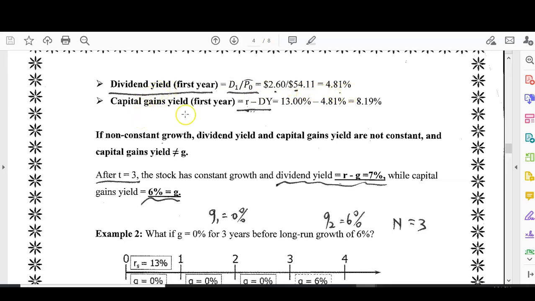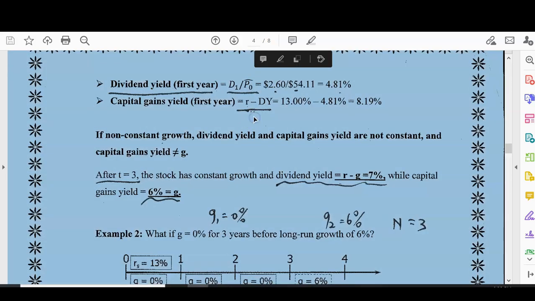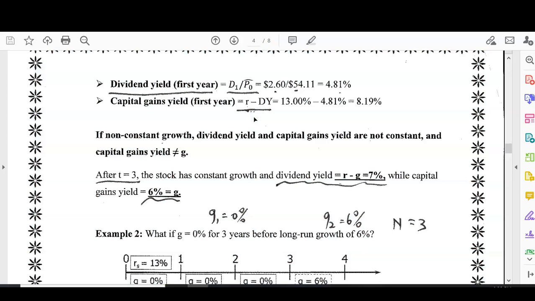For capital gains yield, of course, the original definition is equal to P1 minus P0 over P0. But we also know the definition for total return of the stock equals dividend yield plus capital gains yield. So capital gains yield is just the total return minus dividend yield. We know both of them, so capital gains yield is 8.19%.